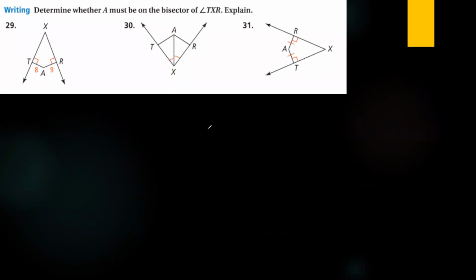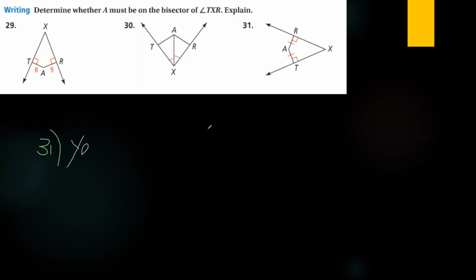Now let's see number 31. In number 31 here, we have an angle A, and they are perpendicular on the sides of the angle, and the distance from A to R is equal to the distance from A to T. So can I say yes or no?